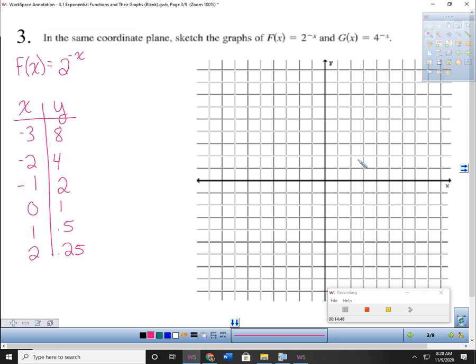And then just go ahead and plot those points. So -3, 8, -2, 4, -1, 2, 0, 1, 1, 1/2, and 0.25.